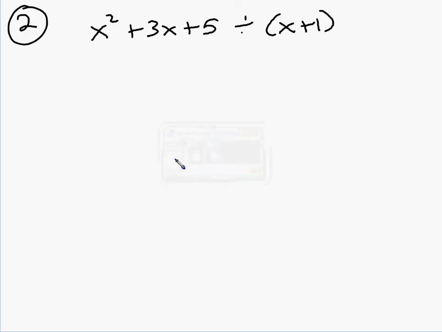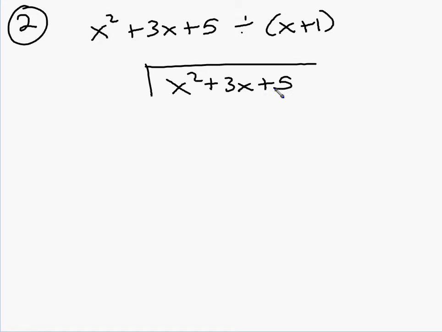Okay, on this one, the x squared plus 3x plus 5 goes in here. X plus 1 goes out here. I would start by multiplying by x, which will make this x squared plus x.